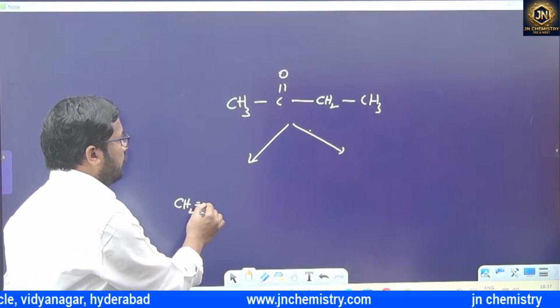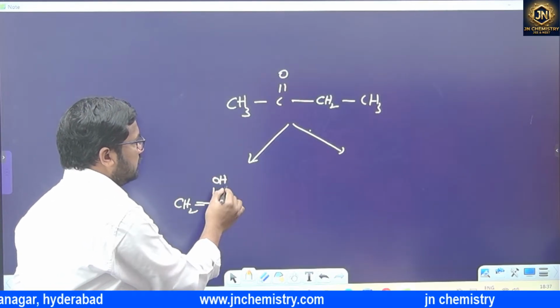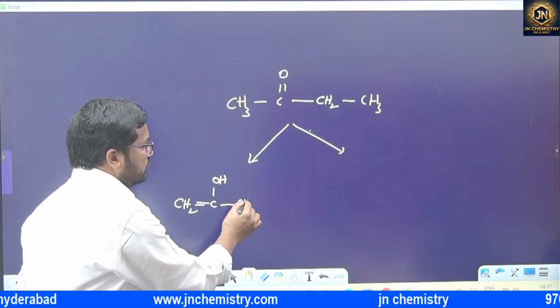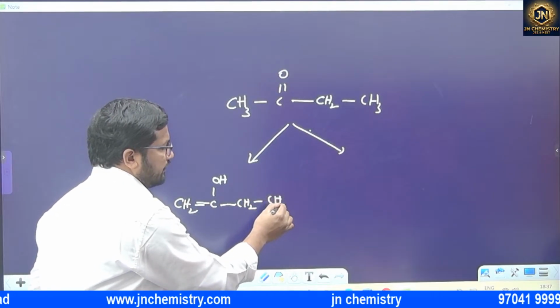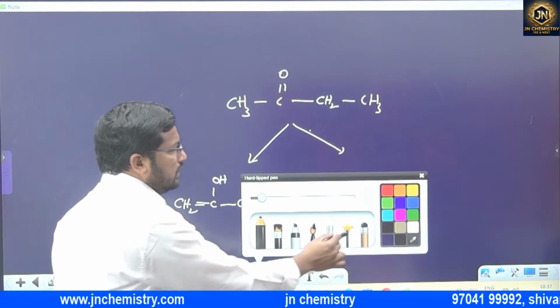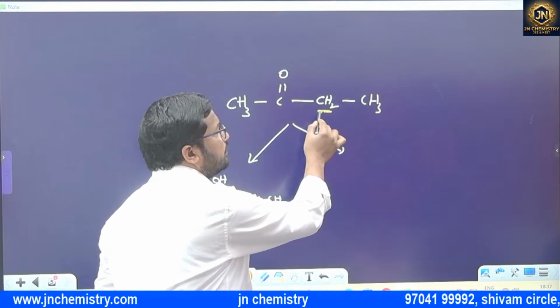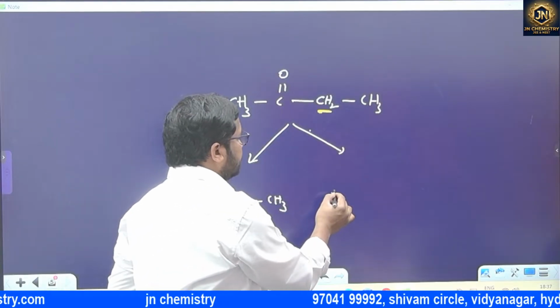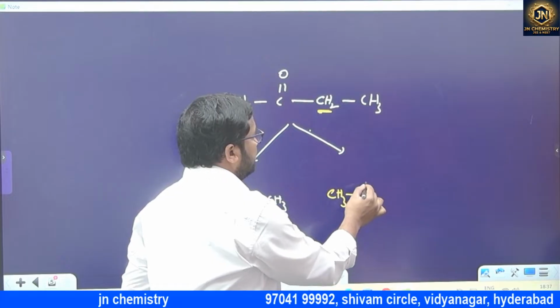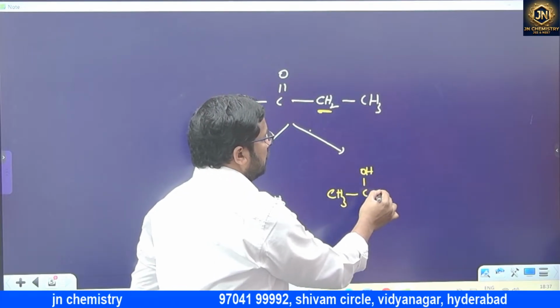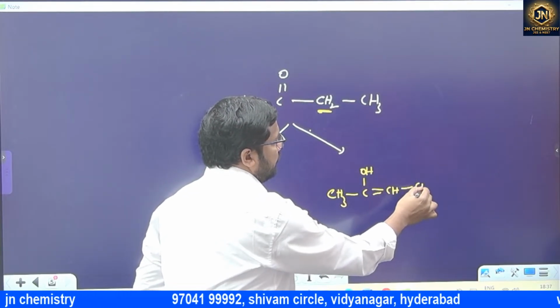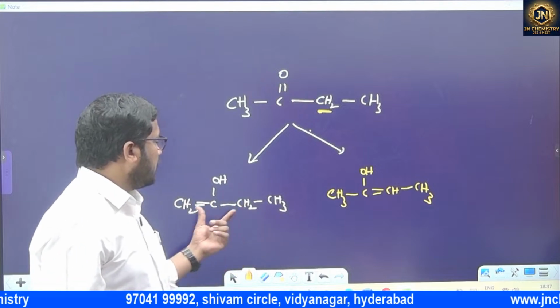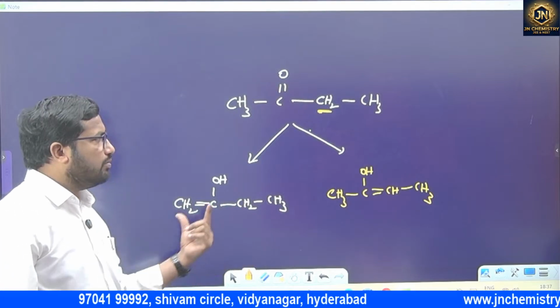CH2=C(OH)-CH2-CH3. This is one possibility. If the other hydrogen shifts, we get CH3-C(OH)=CH-CH3. Both are enol forms.